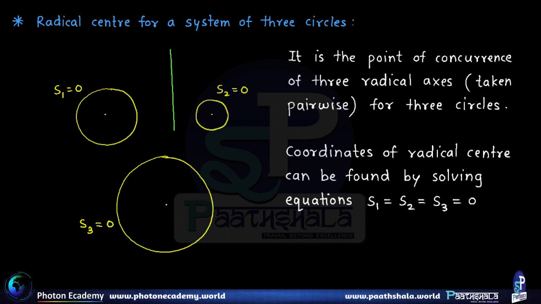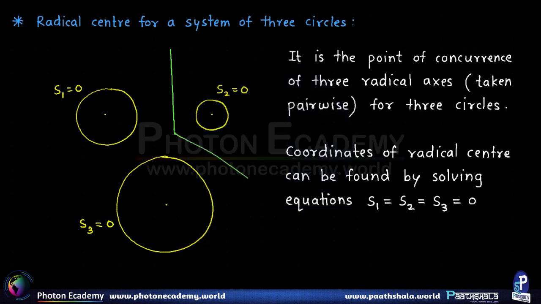Similarly take the pair S2 and S3 and consider their radical axis, and the same for the remaining pair. Then those 3 radical axes meet at a single point, which is called the radical center of the system of 3 circles.